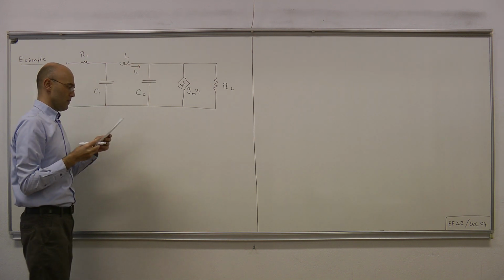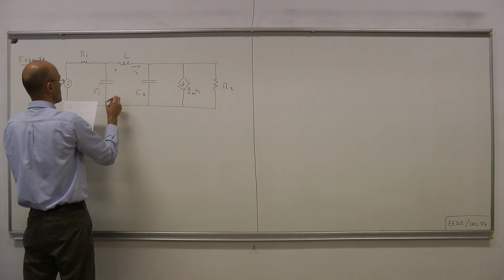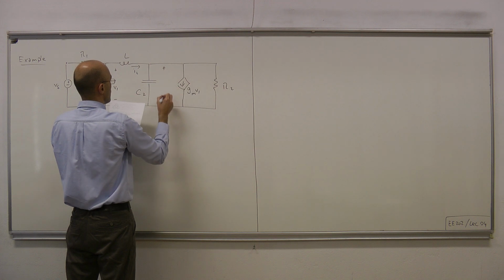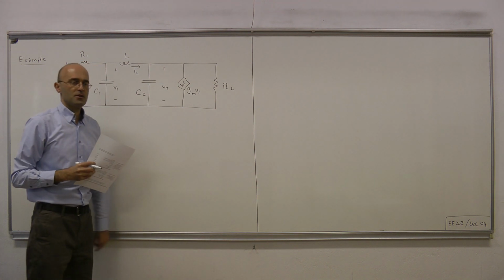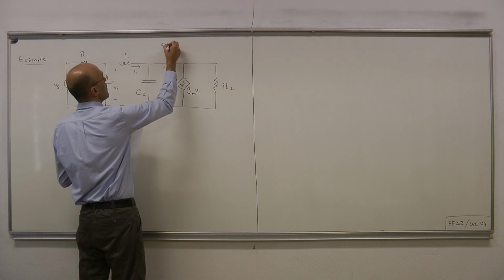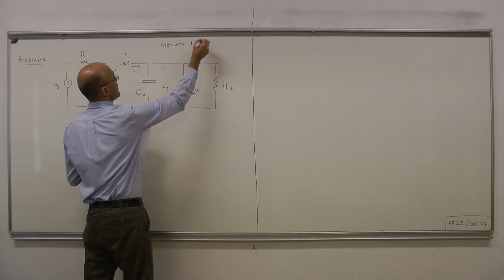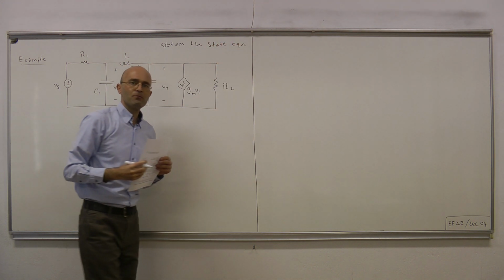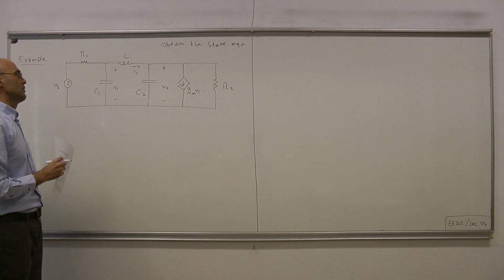The inductor current is labeled as such. This is the voltage of the first capacitor. This is the voltage of the second capacitor. And for this example, we're asked to obtain the state equation describing this circuit.